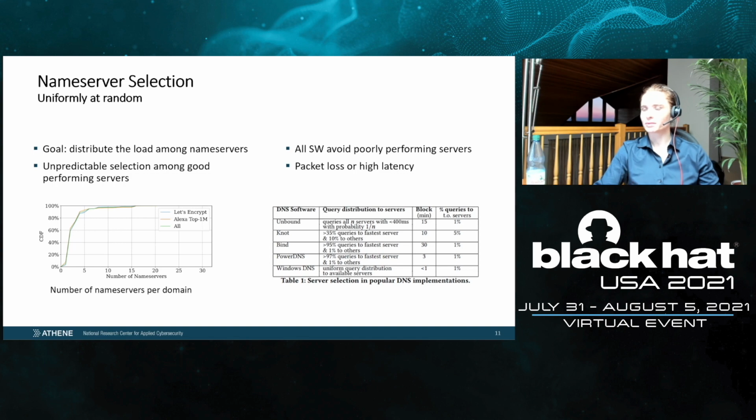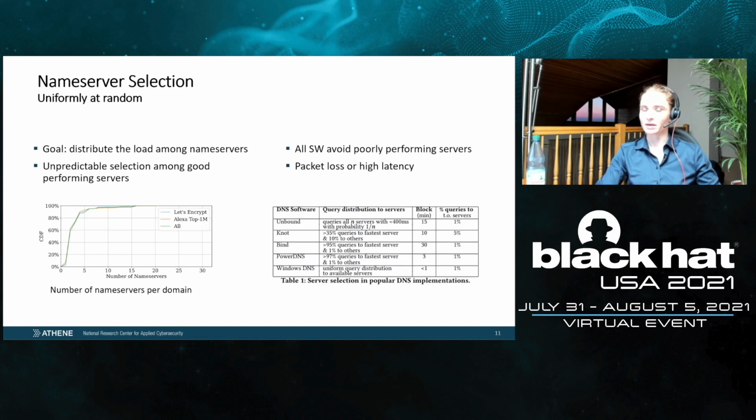So what happens when we introduce losses or high latency? We observed that the VAs distribute the queries among the name servers which have latency below 400 milliseconds uniformly at random. But we also saw that VAs avoid querying latent name servers, or name servers with latency above 400 milliseconds, as well as name servers from which a VA experienced 2 to 3 consecutive packet losses.